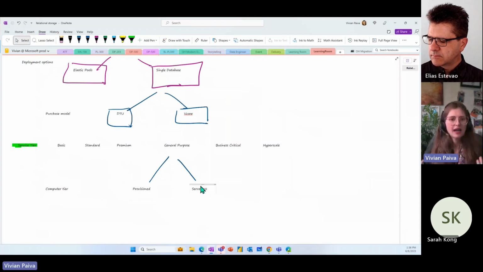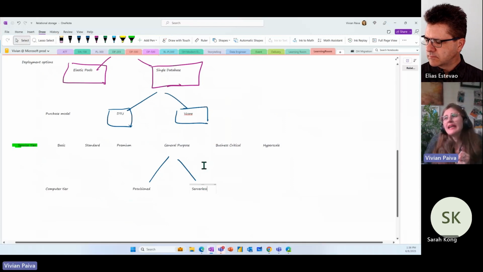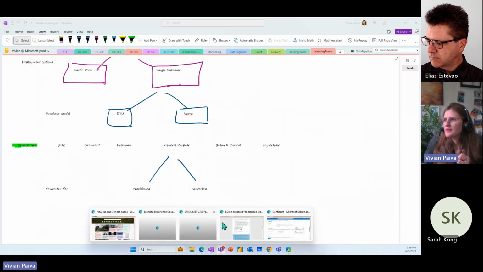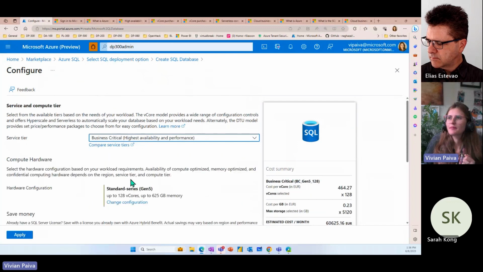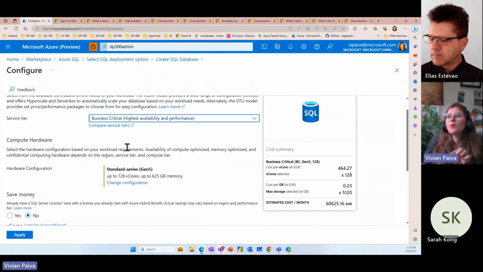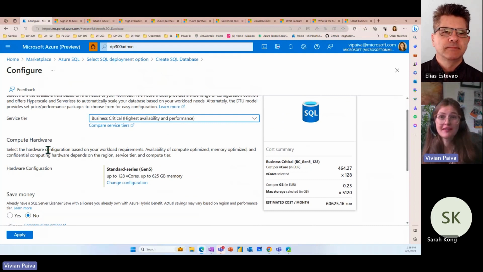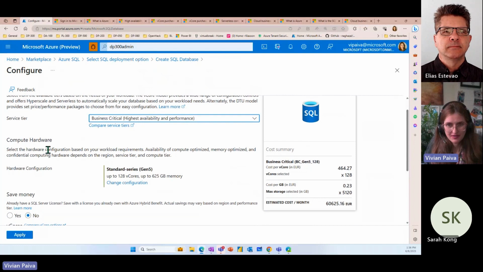So serverless allows us more flexibility to auto-scale and auto-pause. Perfect. Now, if we go back and choose again, for example, business critical, I don't have the possibility to choose provisioned and serverless because in business critical, we just have provisioned.